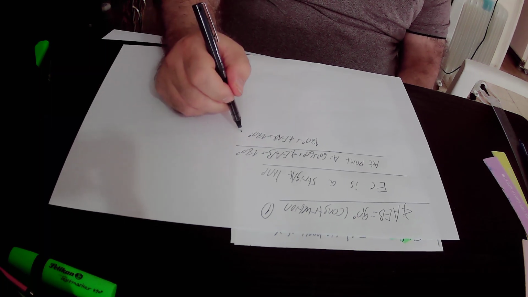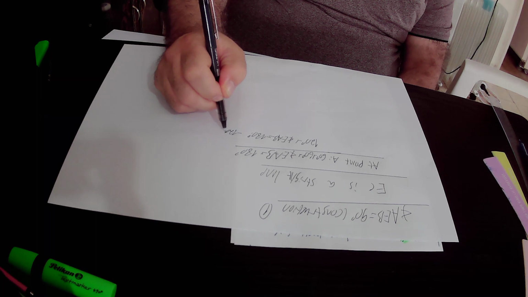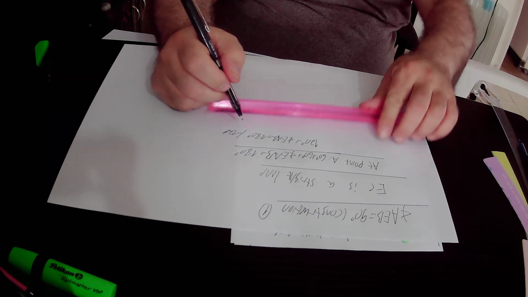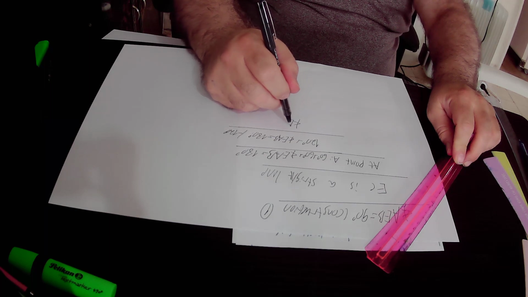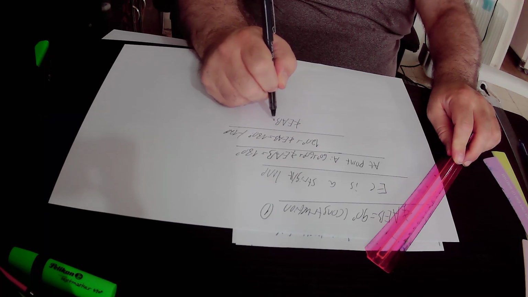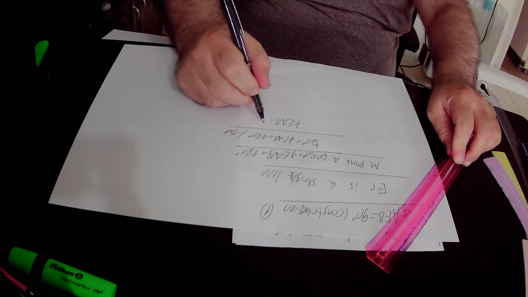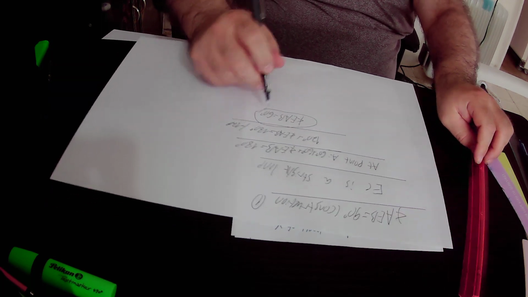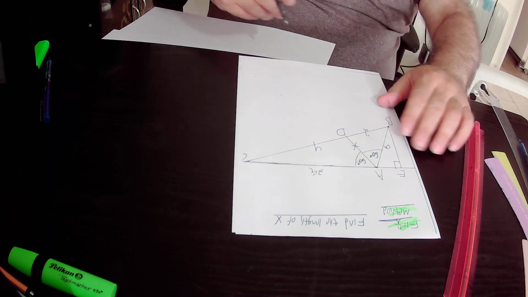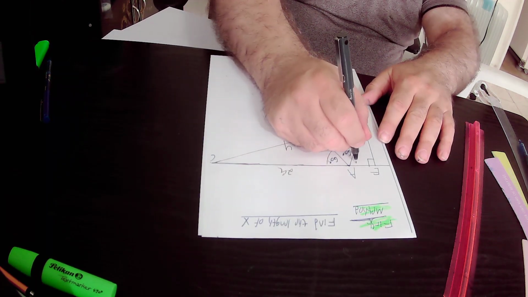If we subtract 120 degrees, we get that the missing angle EAB equals 180 degrees minus 120 degrees, which is 60 degrees.